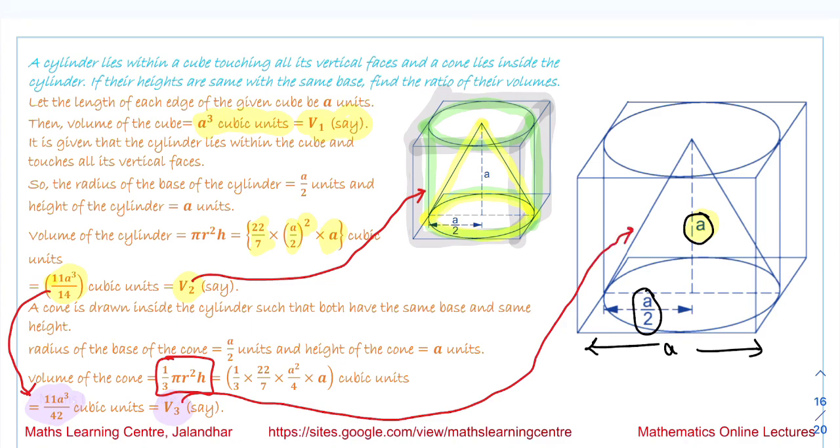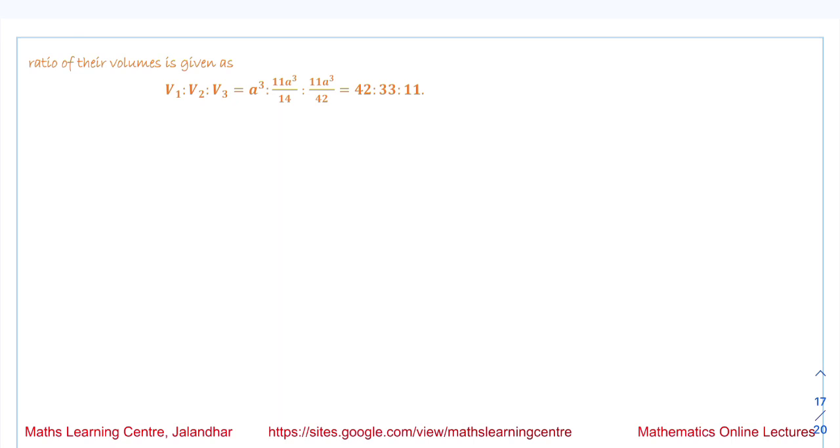Now we have to find the ratio of the three volumes. This we have shown in our next slide, V1 is to V2 is to V3. V1 is the volume of the cube, V2 is the volume of the cylinder, and V3 is the volume of the cone.